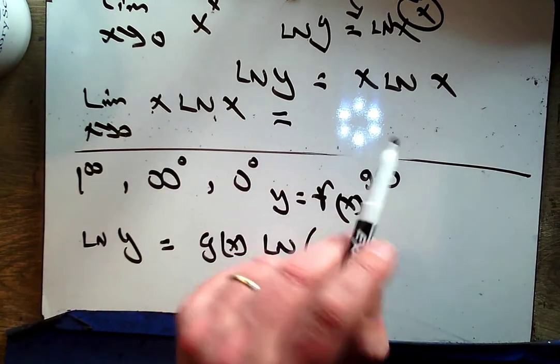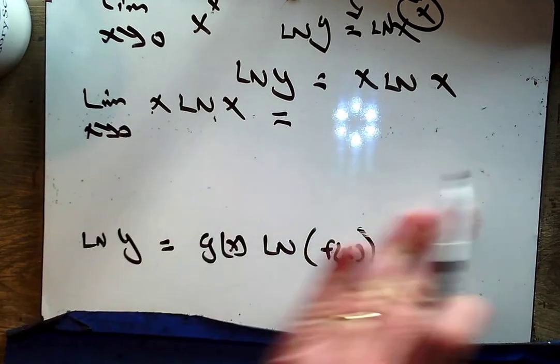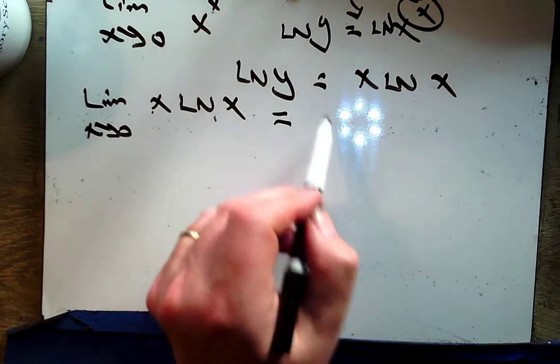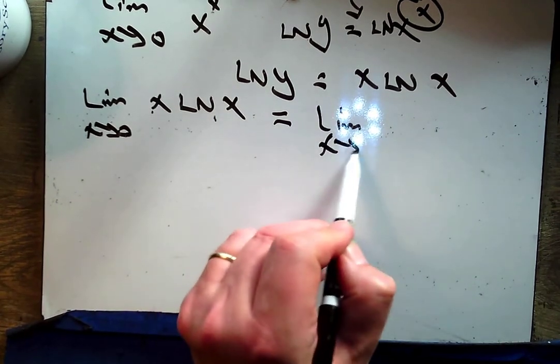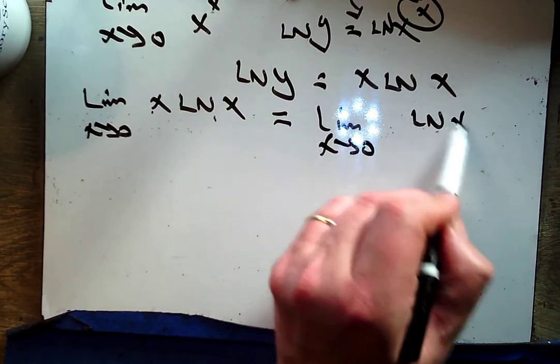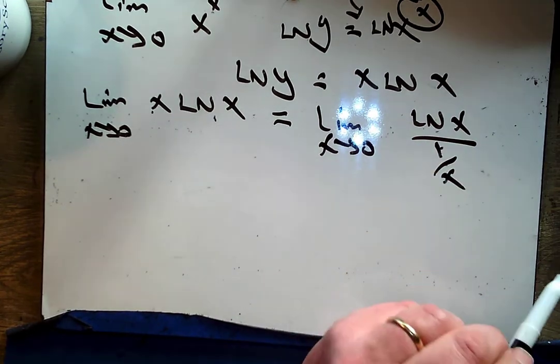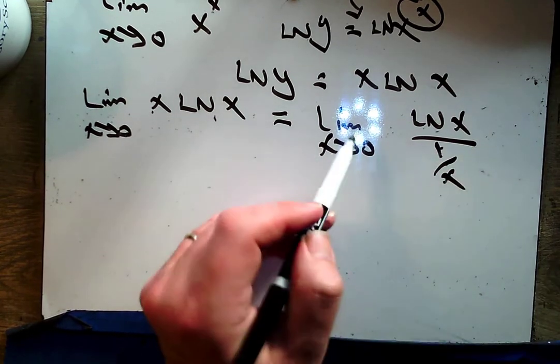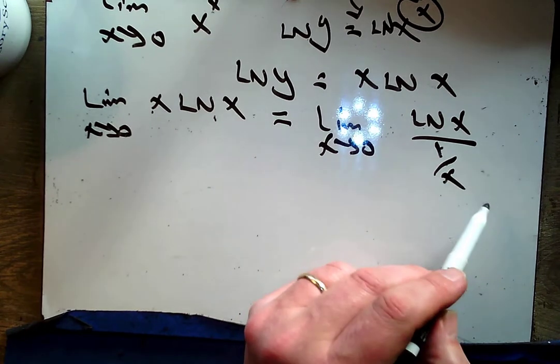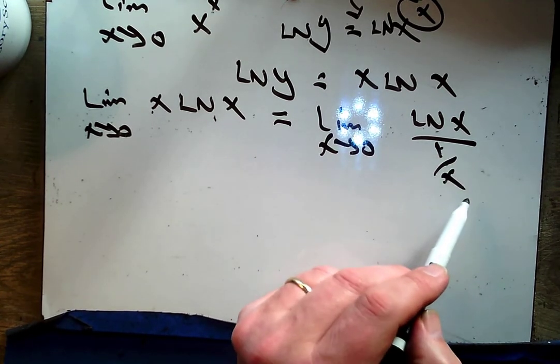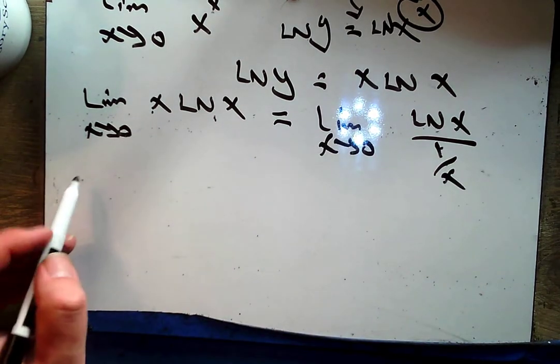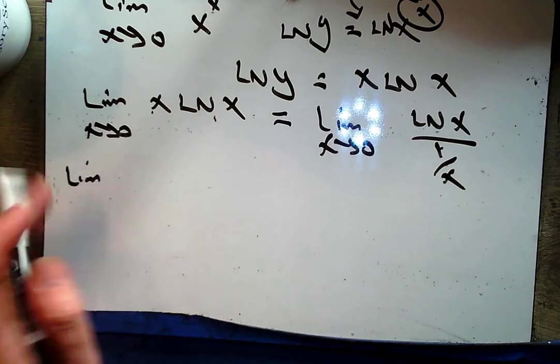Well, we rewrote it some more. We flipped one of these into the denominator as its reciprocal. And so now when I plug in zeros, I get infinity over infinity.